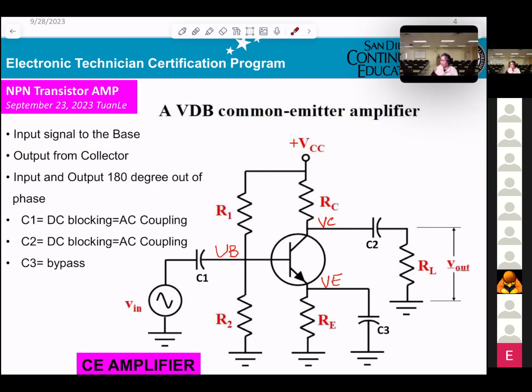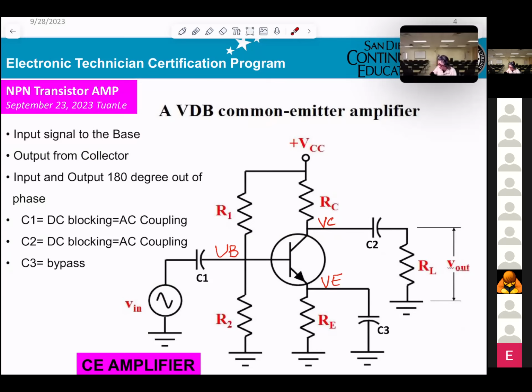Okay, that's important to you. That means when you're looking at the circuitry, you know that will be a CE amplifier, and the input and the output will be opposite, 180 degrees out of phase.